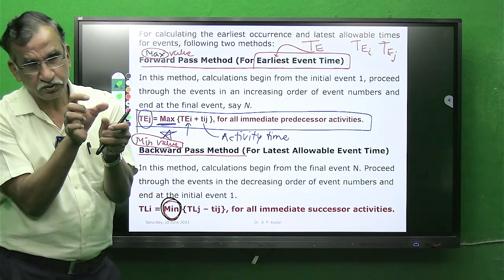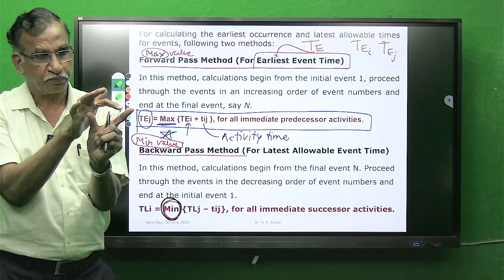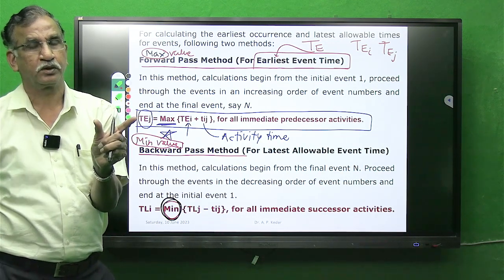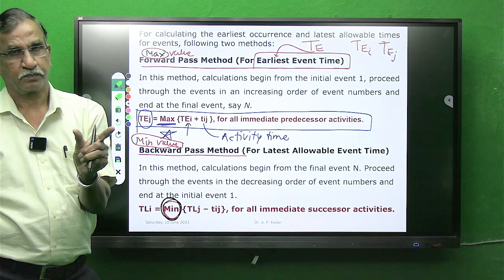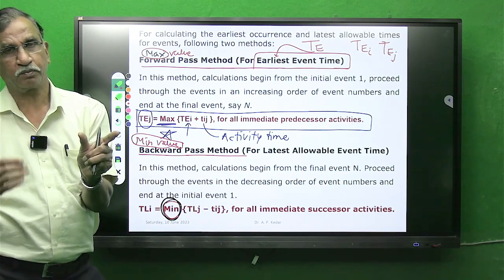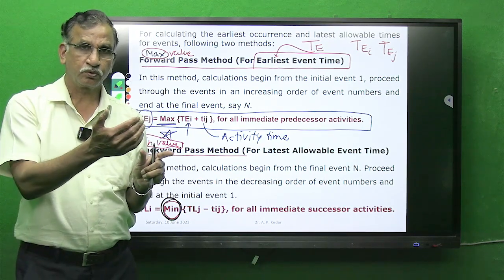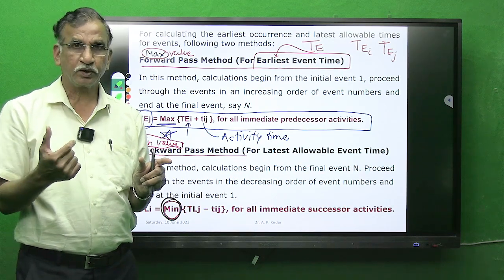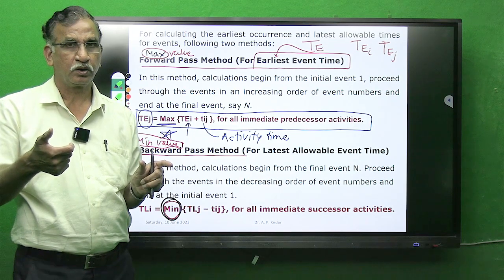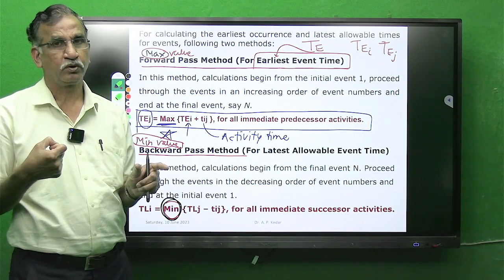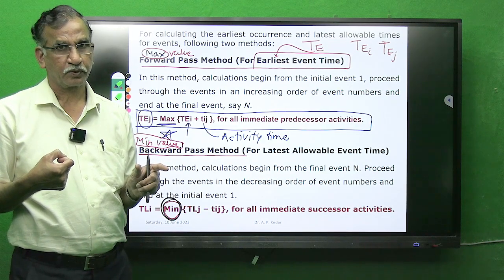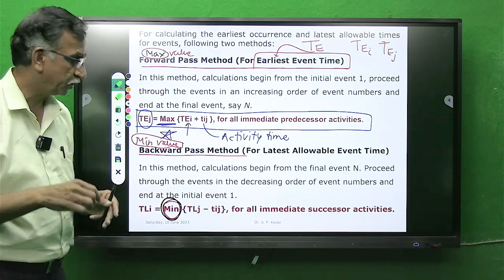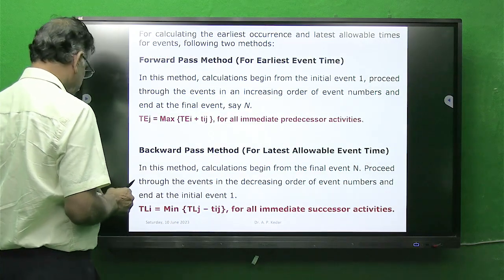That time is the summation of the time for the activity under consideration and the previous event. Similarly, in backward pass, you have to find the latest time. Wherever you get more than one value, at the tails of arrowheads, you select the minimum value. Keep this point in mind. Now let's move ahead.